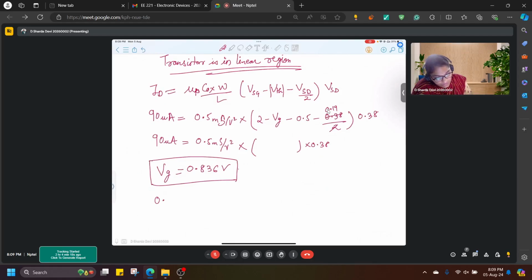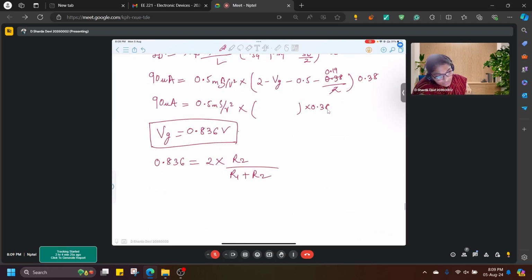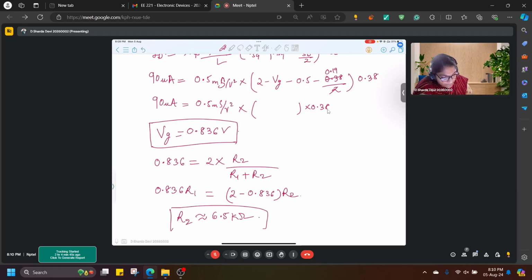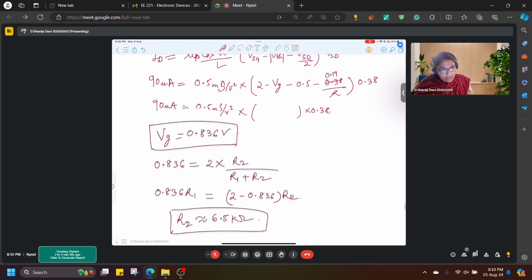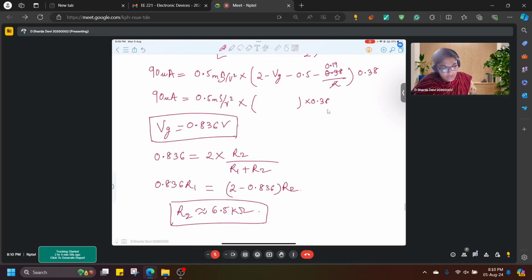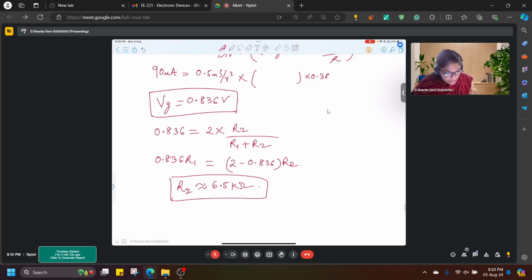So 0.836 is 2 into R2 upon R1 plus R2. This will be 0.836 R1 equal to 2 minus 0.836 times R2. So R2 almost turns out to be 6.5 kilo ohms. And again, if we check for this, VSG is checked.